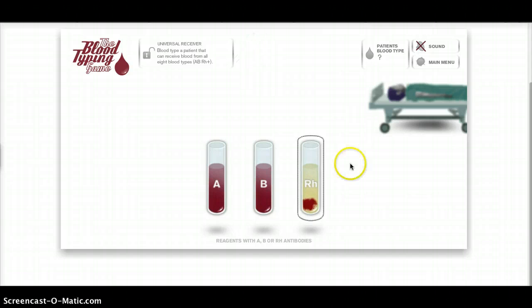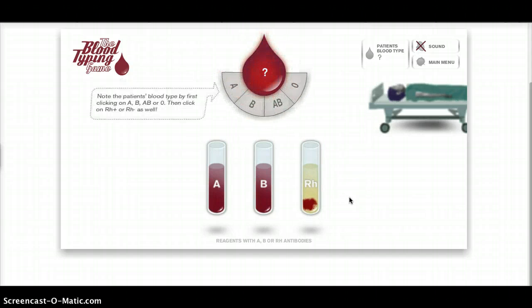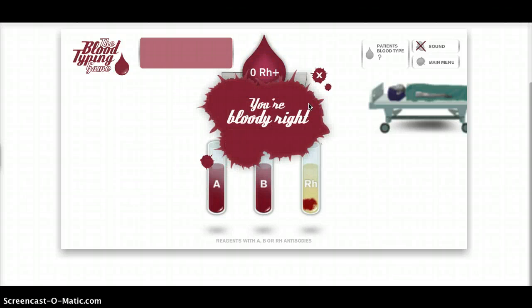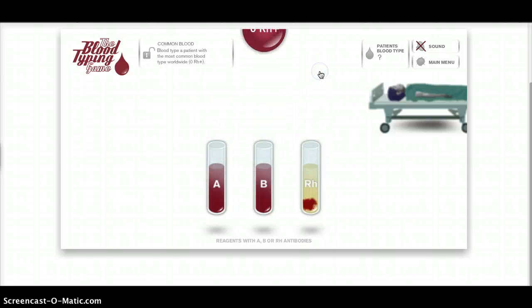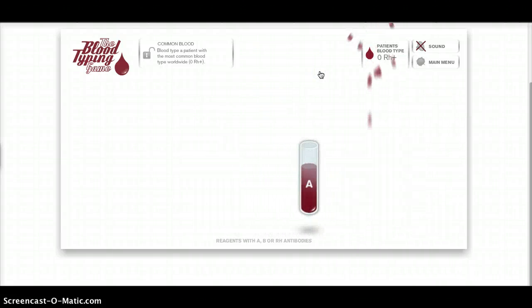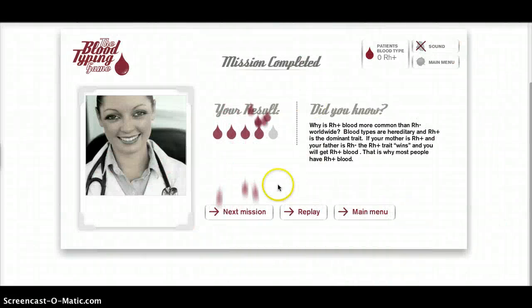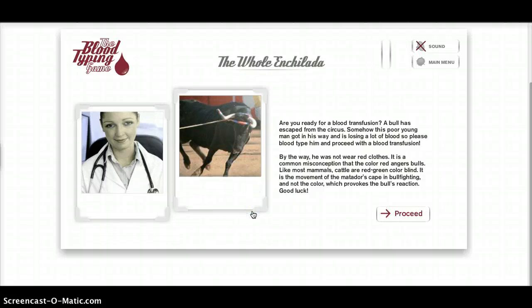So based on these reactions, they should be able to see that this patient is O positive. So each mission gets progressively more and more difficult. The second one is completed and they can move on to the next mission.